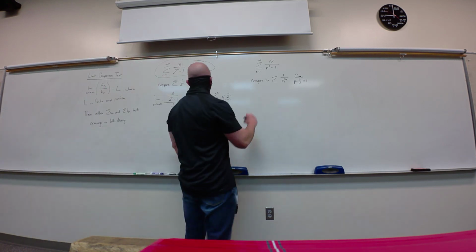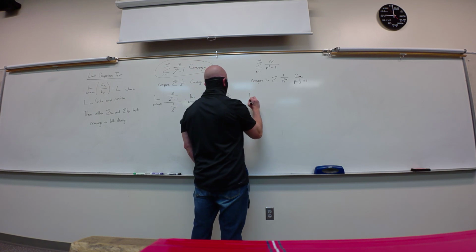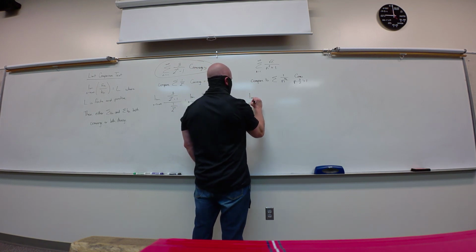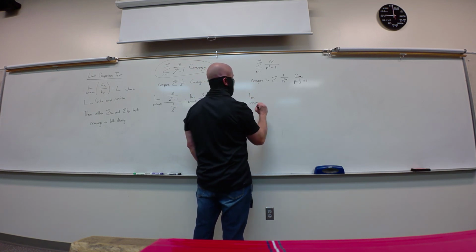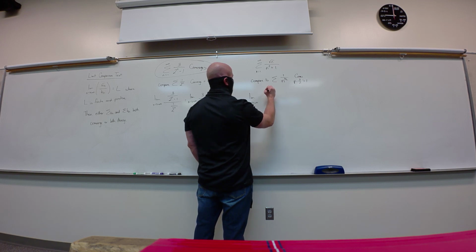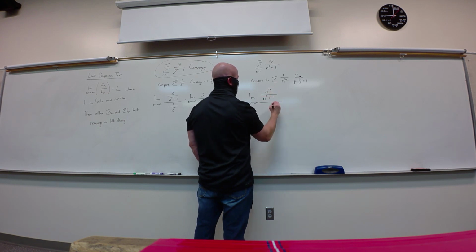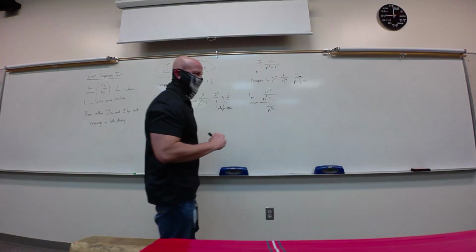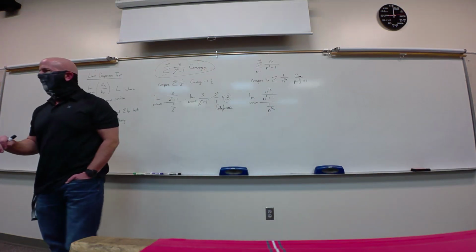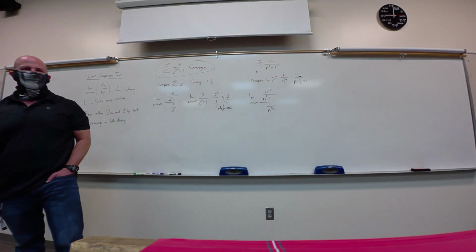Now let's go for our limit. If my limit's finite and positive, I'm good to go. So we're going to have n to the 1/2 over n squared plus 1, all over 1 over n to the 3 halves. Again, it doesn't matter which one you put on top versus bottom.